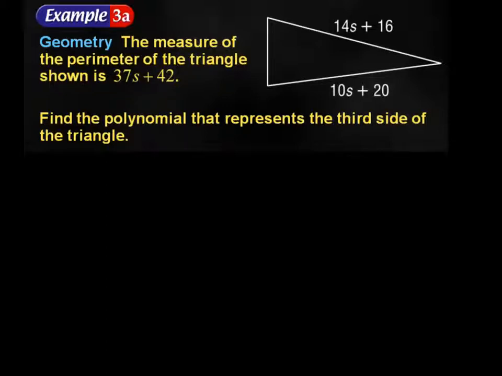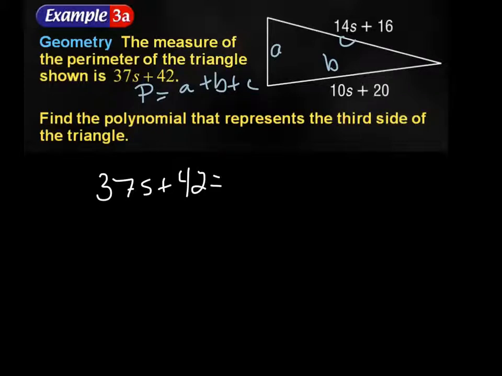Okay, I'm going to label the sides of the triangle A, B, and C. So we know that perimeter is distance all the way around, so perimeter is going to equal A plus B plus C. Well, I know the perimeter, so we have 37s plus 42 equals, okay, A I don't know, but I know B and C. So plus 10s plus 20 plus 14s plus 16.